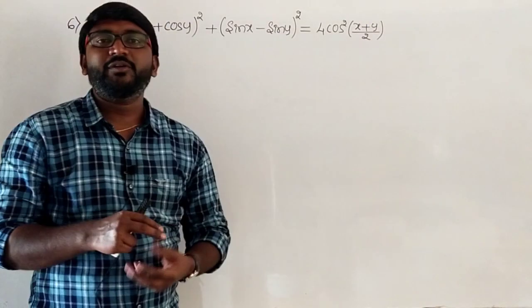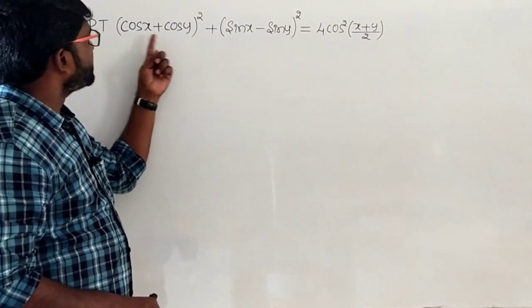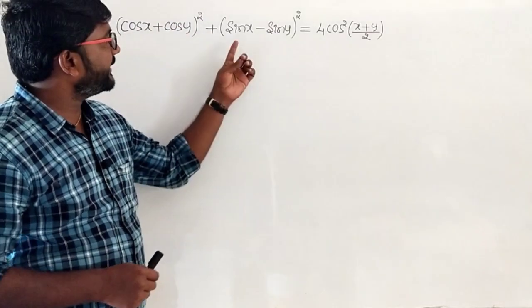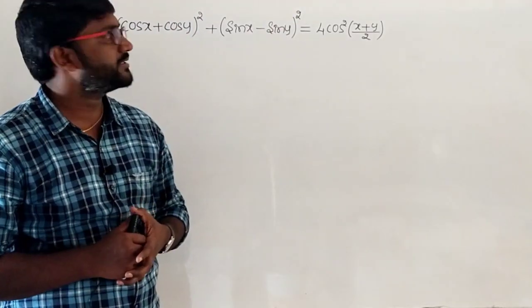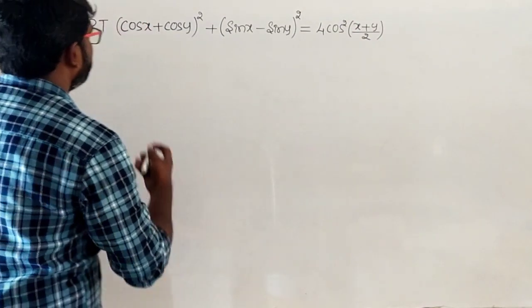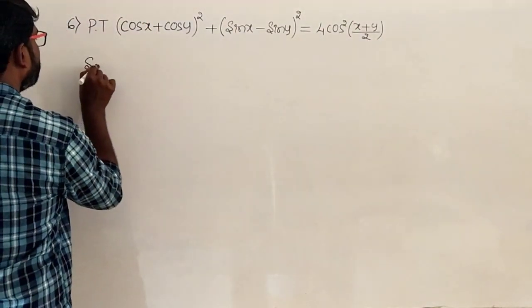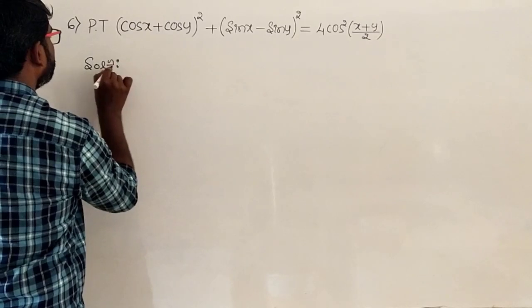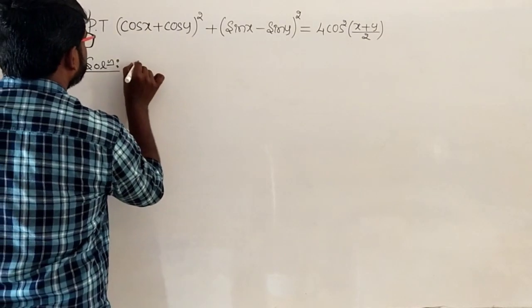Well, the next problem: prove that (cos x plus cos y) the whole square plus (sin x minus sin y) the whole square equals 4 cos square of (x plus y) by 2. So let us solve this. Write the LHS now.